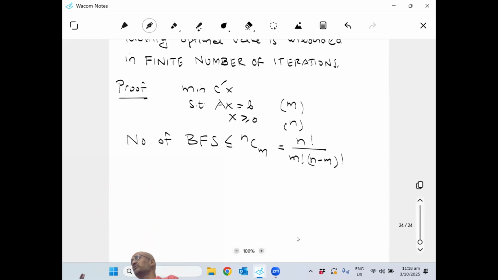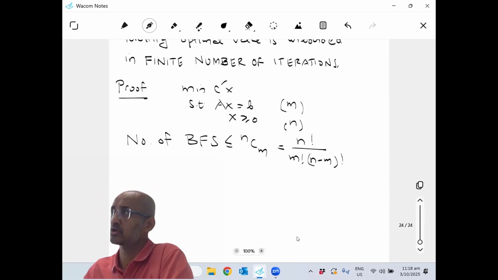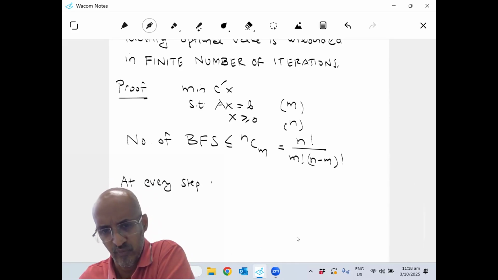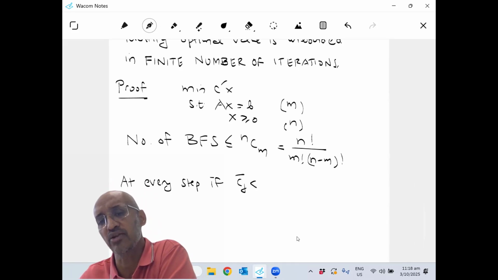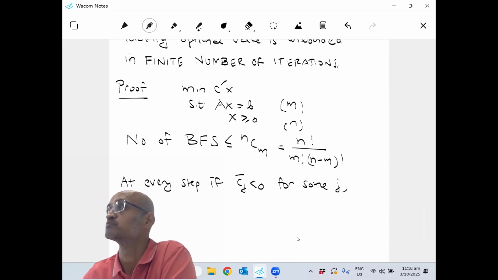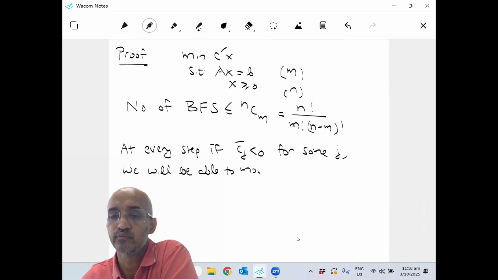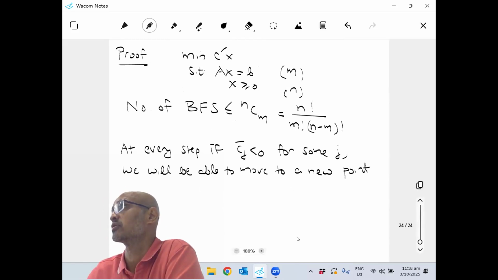So what happens in the simplex method? At every step, if Cj bar is less than 0 for some j, we will be able to move to a new point. Why is this the case?